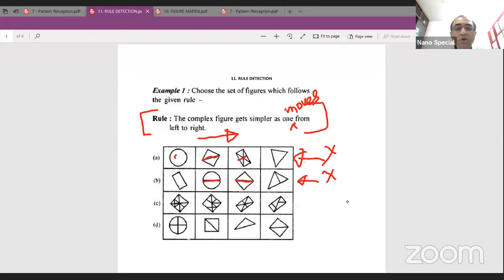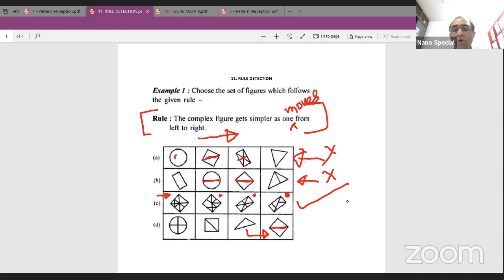All right. Now, if you look at C, you're starting with a complicated figure, a square with the diagonals drawn, then internally some more lines drawn. Here some lines are reduced. Some lines are reduced further. It is becoming simpler and simpler as we go along. And therefore, the right answer is C. Even in the last case, a circle has become a square, has become a triangle, and suddenly from a triangle, it has become a rhombus with a diagonal.